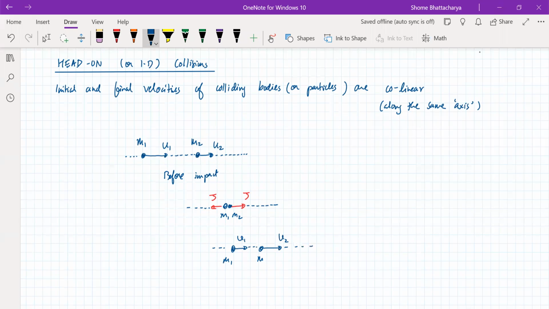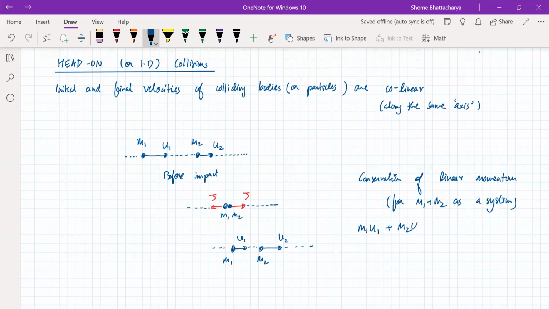So with the sign convention that I'm using over here, we will see that conservation of linear momentum for M1 plus M2 as a system will result in the scalar equation that M1 U1 plus M2 U2 is equal to M1 V1 plus M2 V2.